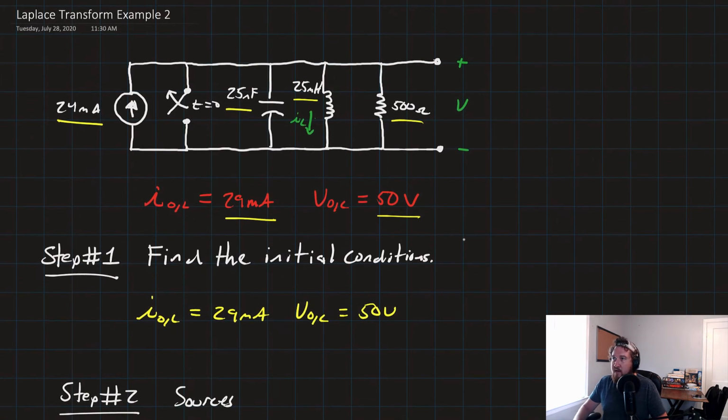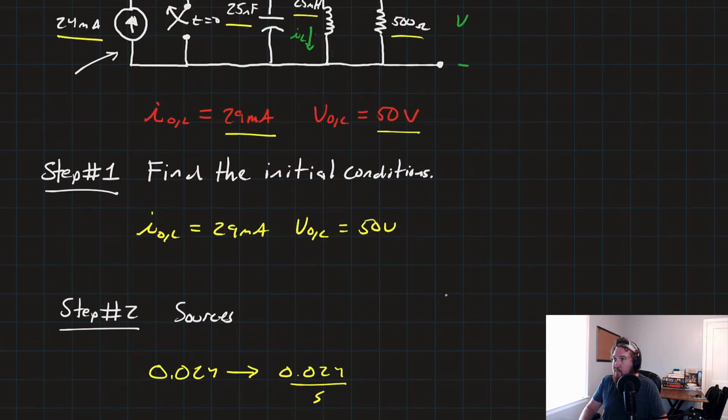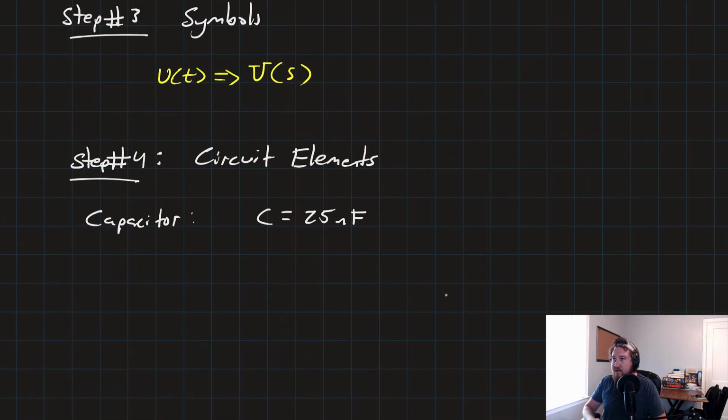Now notice that we've got a current source in parallel with everything. And remember that we could do two versions. We could do the circuit element with the voltage source and the circuit element with a current source in parallel. And to make this a little bit easier, since we're already in parallel with the current source, we're going to stick to that.